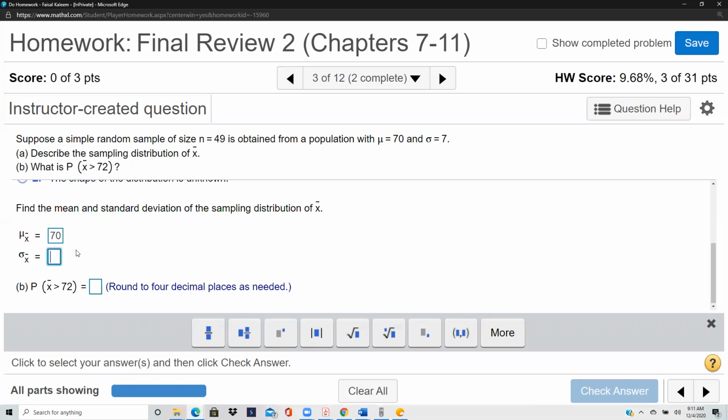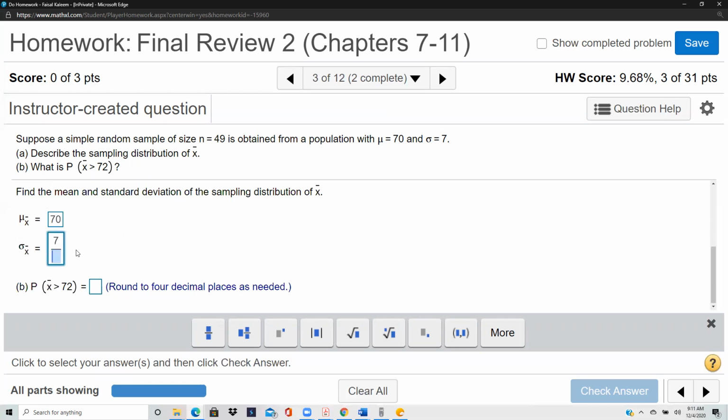So standard deviation is just the original standard deviation divided by the square root of sample size. So square root of 49 in this case. So this would be 1.